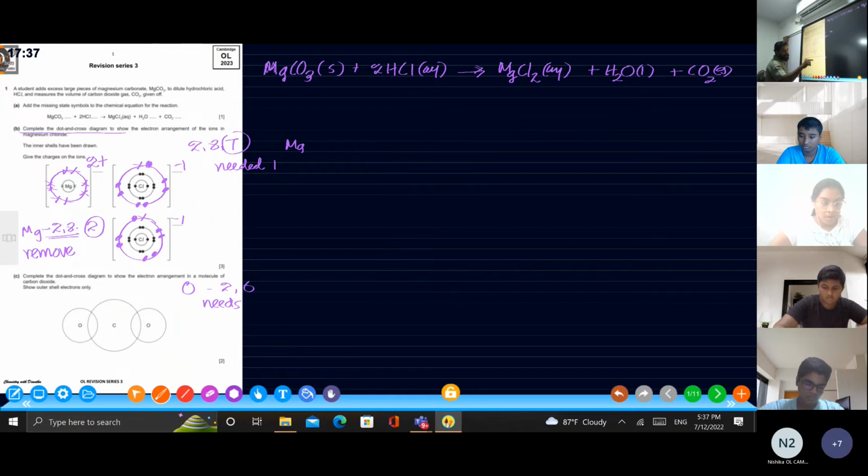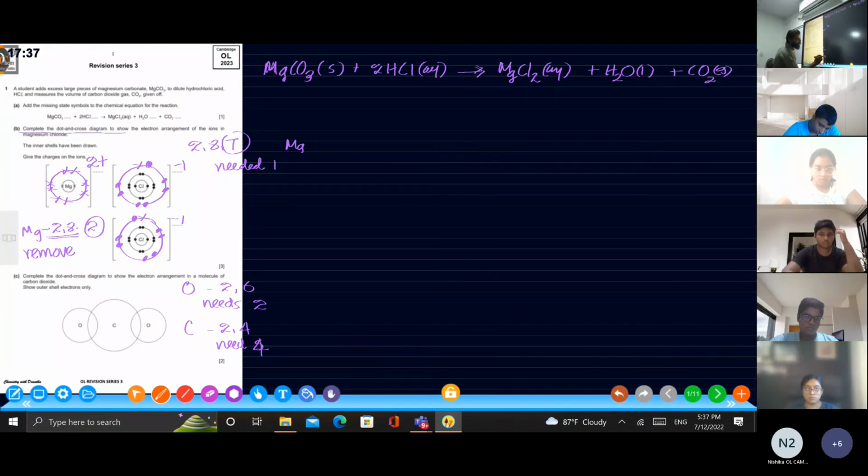But in this case, oxygen needs 2, carbon is 2, 4. So carbon needs 4, right? Oxygen needs 2, carbon needs 4. So pair share policy. If oxygen needs 2, oxygen has to share 2. Then carbon has to share 2 as well.